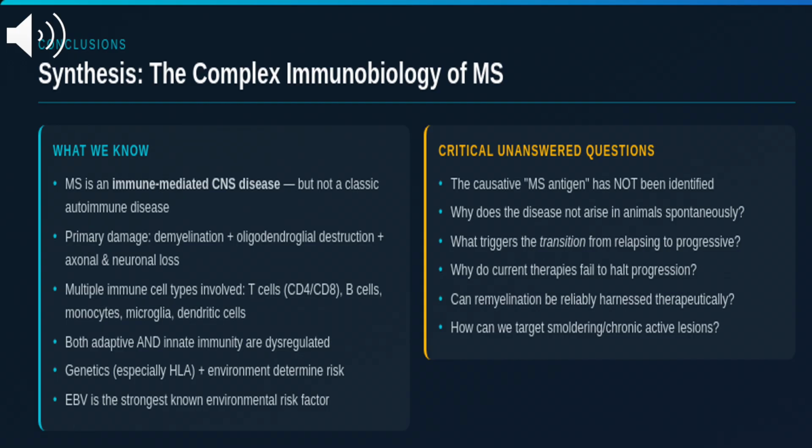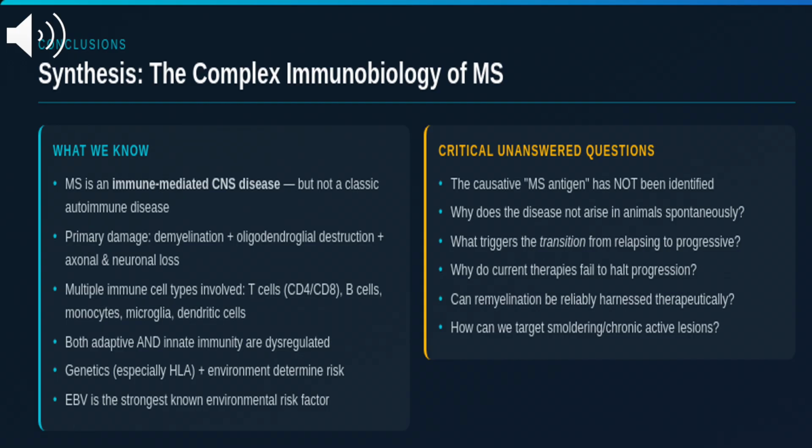The failure of current therapies in progressive MS is not merely a drug development problem, it reflects a fundamental biological reality. In progressive MS, the disease has transitioned from an adaptive immune attack that can be pharmacologically modulated to a self-sustaining, innate neurodegenerative process.